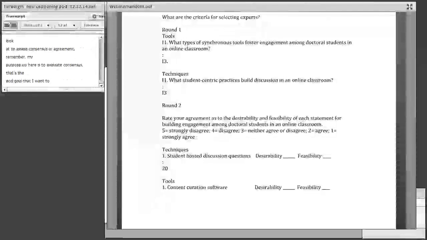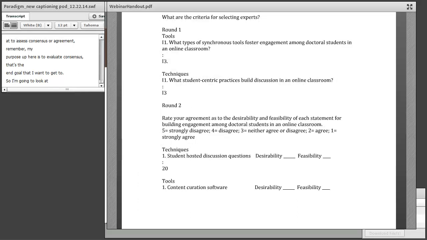So I'm going to look at frequency of response and to see if 70% of my participants either agree or strongly agree with each item. So again, using these different scales. They need to meet both requirements. So they need to be deemed desirable and feasible by 70% of my participants.